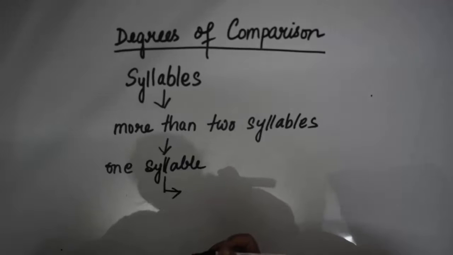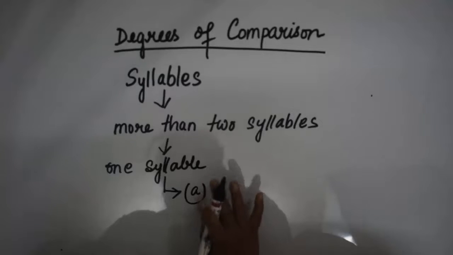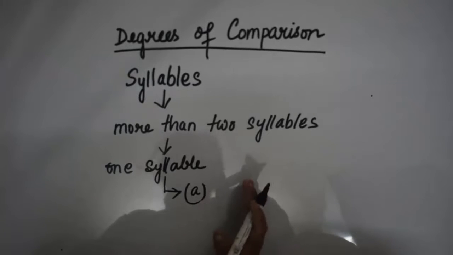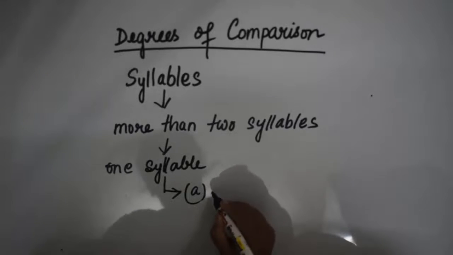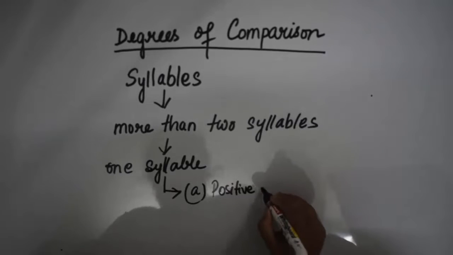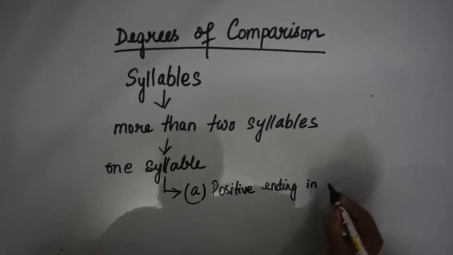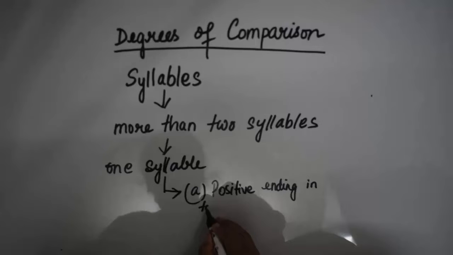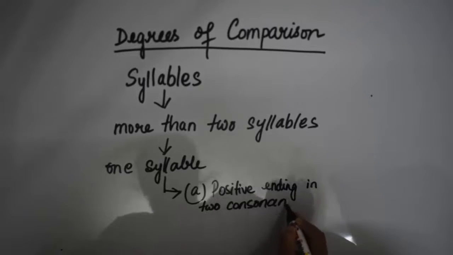I had talked about rule number 1 under this, that if the positive ends in 2 consonants, right, then what you have to do.